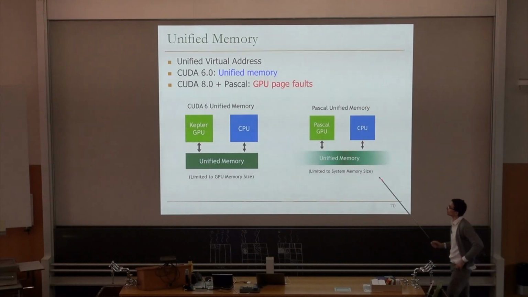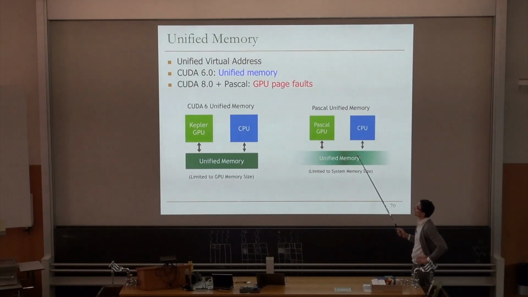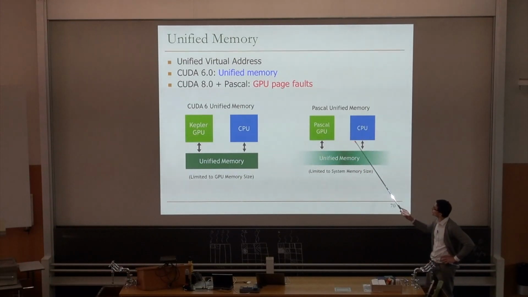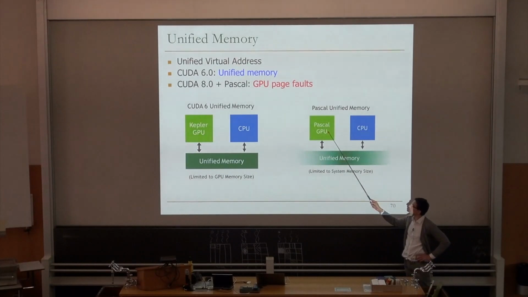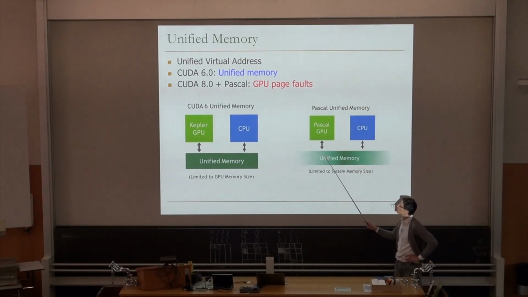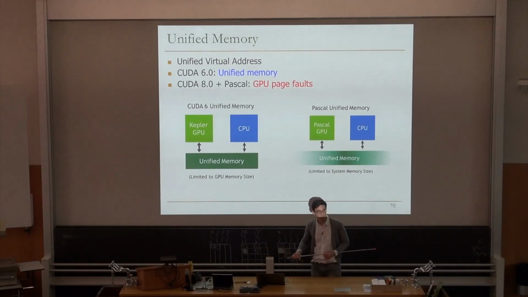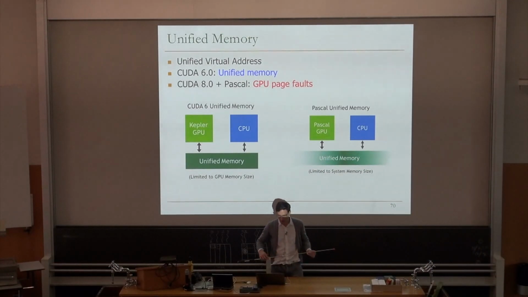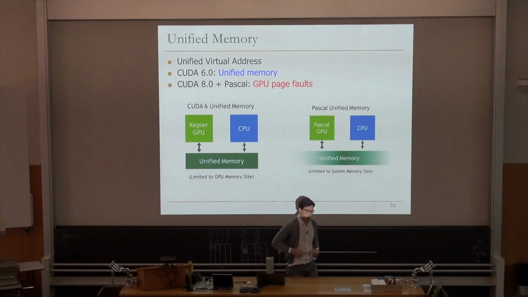Essentially, this means that there is page fault handling, so that the GPU can transparently request memory pages that are in the CPU main memory, and the movement of these pages from the CPU memory space to the GPU memory space is completely transparent to the programmer.